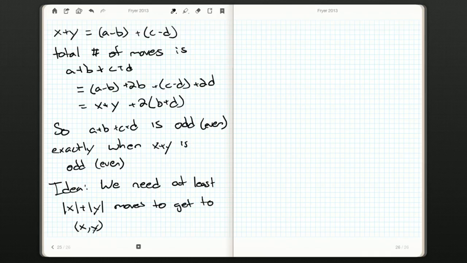To get to point (x, y), if you haven't seen this notation before, it's the absolute value of x plus the absolute value of y. Basically, we just ignore the minus signs. So the absolute value of minus 3 is 3, the absolute value of 7 is 7, the absolute value of 0 is 0, the absolute value of minus 9 is 9. That sort of stuff. So we need at least the absolute value of x plus the absolute value of y moves to get to (x, y). That's what we claim.